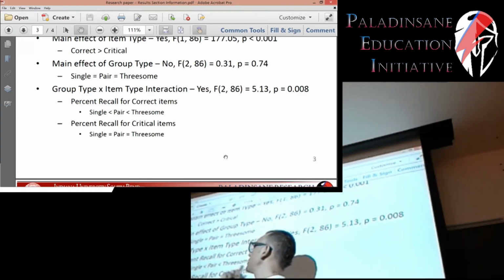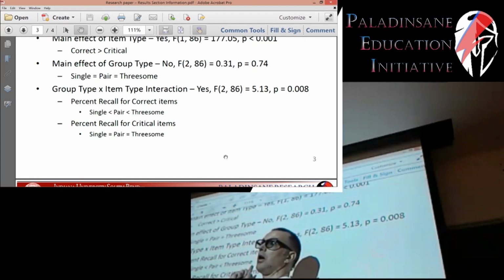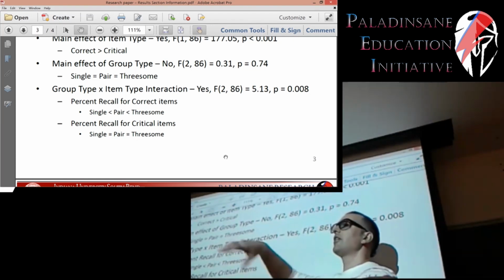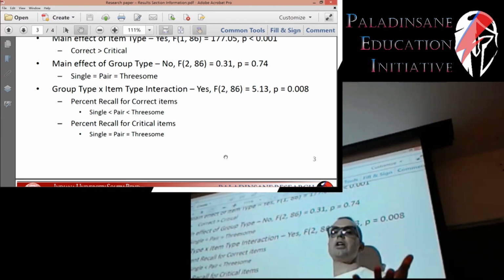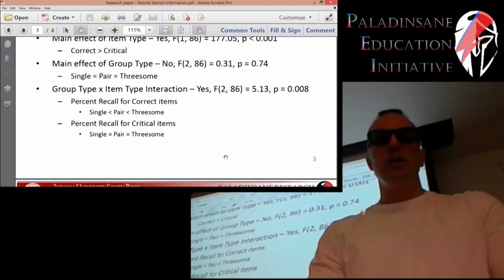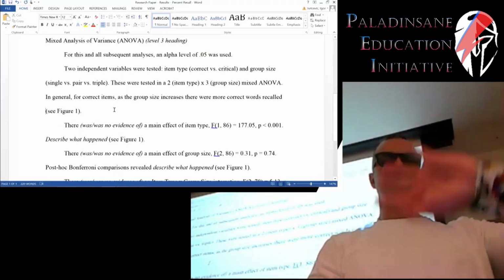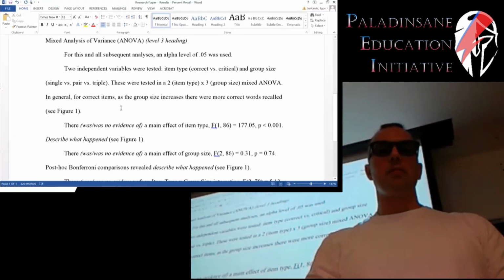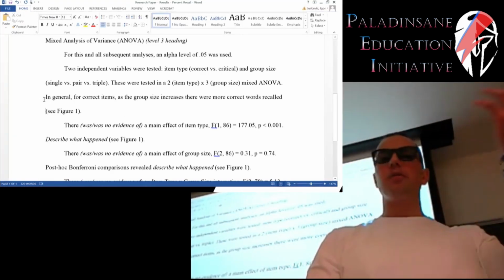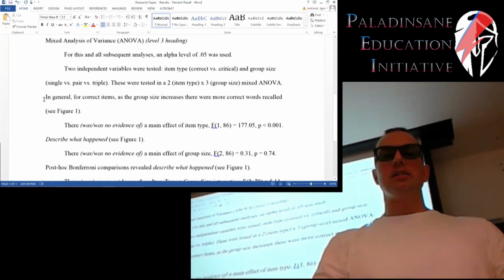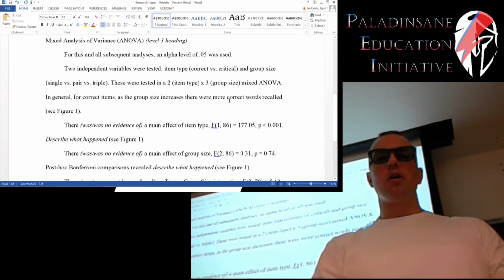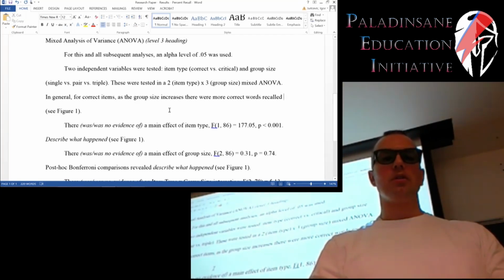As group size increased, percent recall also increased. So that's a very nice general explanation of what happened. Notice there's no statistical jargon, there's no F statistics or numbers in there at all. Just in general, for correct items, as group size increases, there were more correct words recalled.